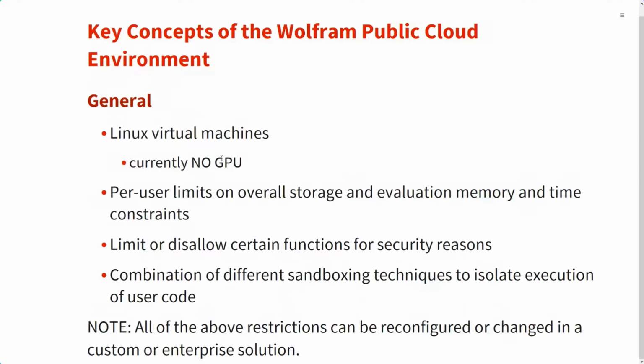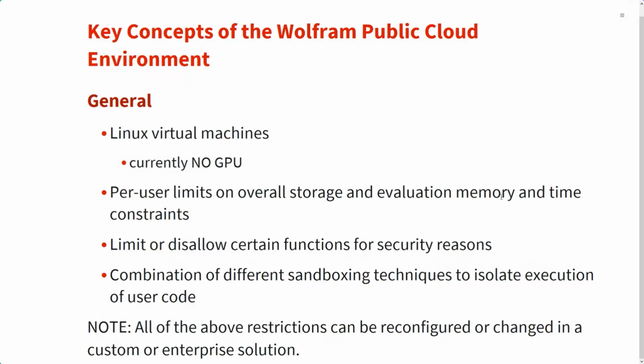Currently, the public cloud does not have access to GPUs. There are per user limits on the overall storage, in other words, how many files you can have. And there are also per user evaluation memory and time constraints. By that, we mean for each given evaluation, it can take up to X amount of memory or X amount of time, and as long as it evaluates within those limits, you're good.